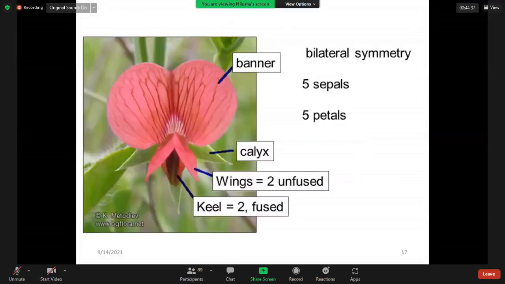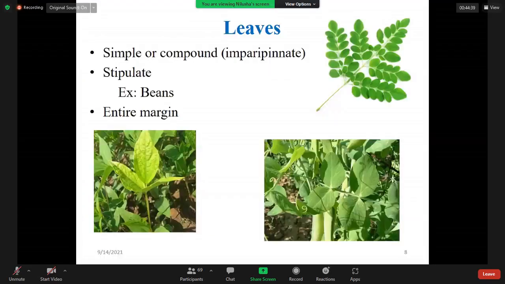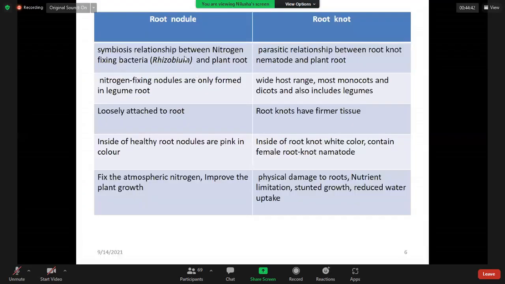And you should know the difference between root node and root nodule, if I want to repeat it.